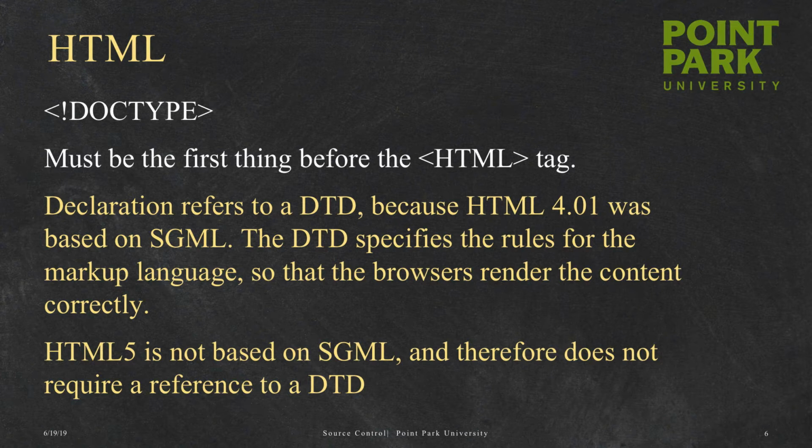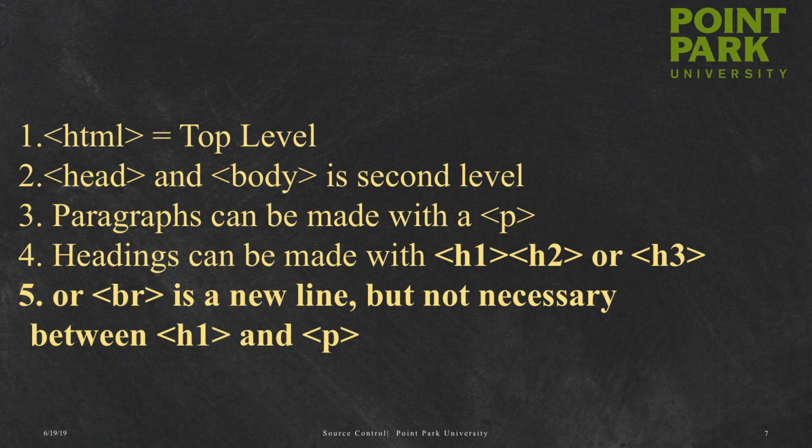A declaration refers to a DTD, because HTML 4.01 was based on SGML. The DTD specifies the rules of the markup language, how the browser renders content, and it's based off of that reference. Also notice that HTML, XML, and ColdFusion are the only three languages that use tag base. ASP.NET does have tagging in it, but it's all HTML.